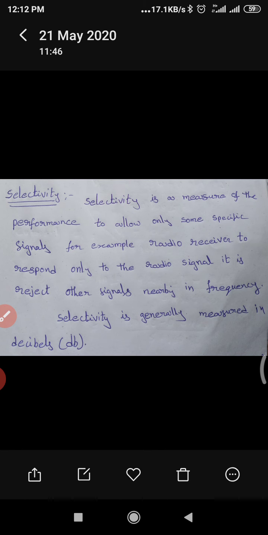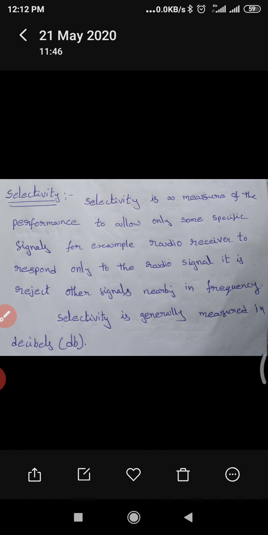So these resonance, quality factor, bandwidth and selectivity, all these are very important topics while discussing the series and parallel resonance circuits. From tomorrow onwards we are going to discuss the series and parallel resonance circuits. For a detailed understanding of those topics, we must know all these parameters.